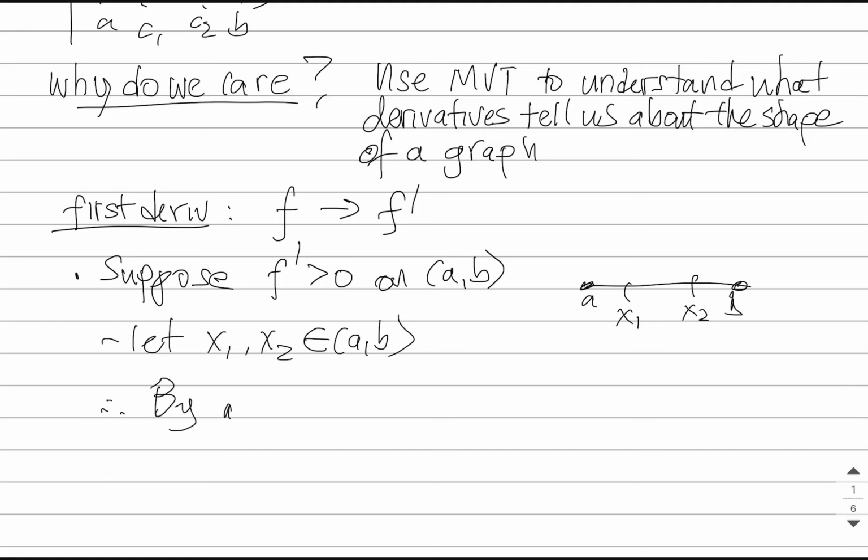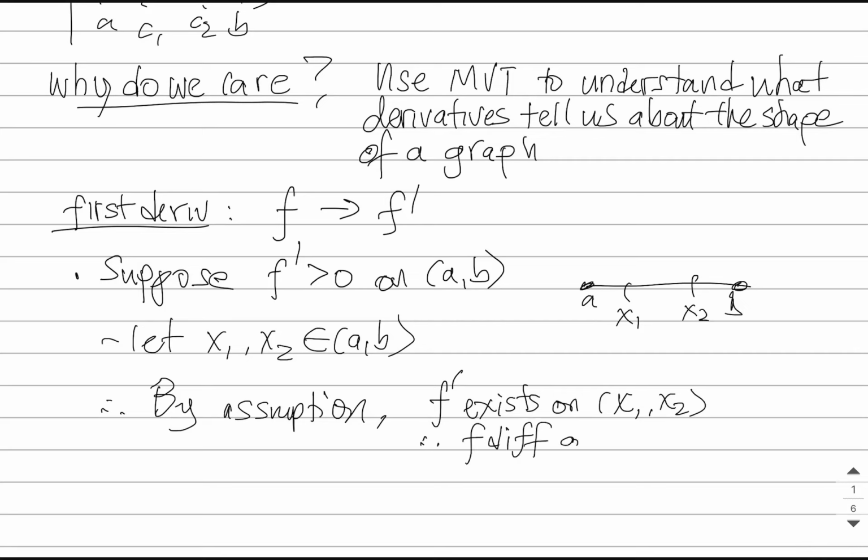By this assumption, we are assuming that f prime is positive. So by the assumption, that means f prime exists on whatever interval we've got, x1, x2. And that means that f is going to be differentiable on x1 to x2. And since f prime exists on the full interval, that means f is continuous on that full interval.